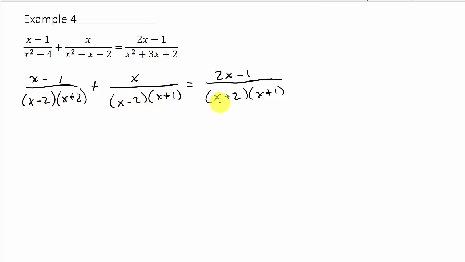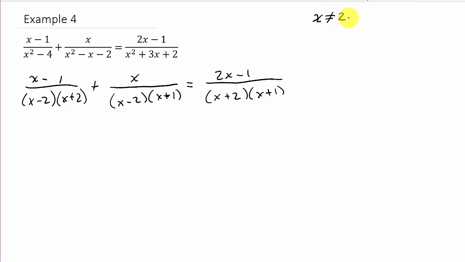So we look at the different factors we have: an x minus 2, an x plus 2, and an x plus 1. Notice if we plug 2 in for x, 2 minus 2 is 0, and you can't have 0 in the denominator of a fraction. So one of our restrictions is x cannot equal 2.